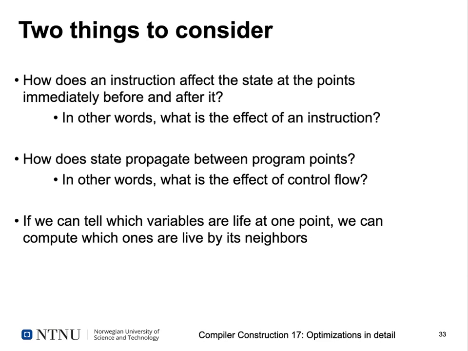And the other thing we need to consider is how does state propagate between the program points? So in other words, what is the effect of control flow on our variable state here? And if we can tell at one point in our program which variables are actually live, then we can compute which ones are live given the neighbors of that point we're just considering here.